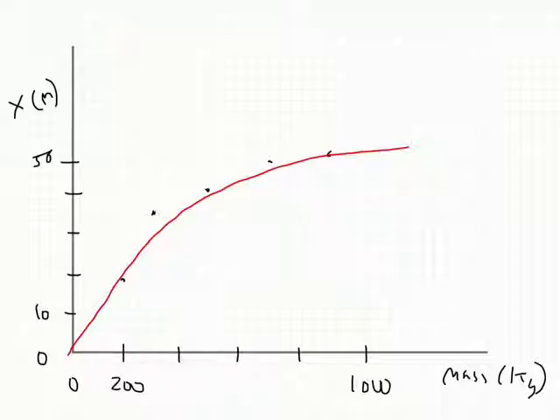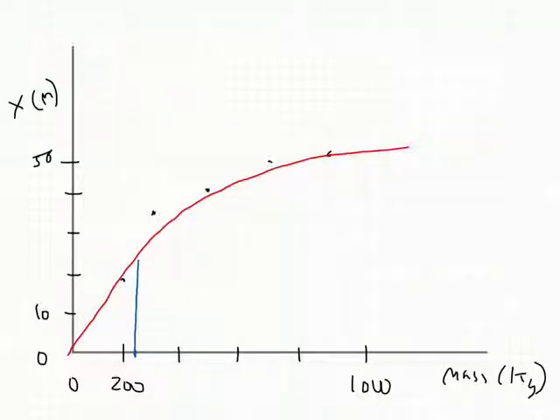trying to get as close to as many of the points as you can. And so now we've used our best fit curve, and we need to figure out the distance that would be traveled if we put 250 kilograms in the counterweight. So 250 kilograms is roughly there or so. Actually, I'm going to use a different color. Roughly there or so. And so we just trace it up.